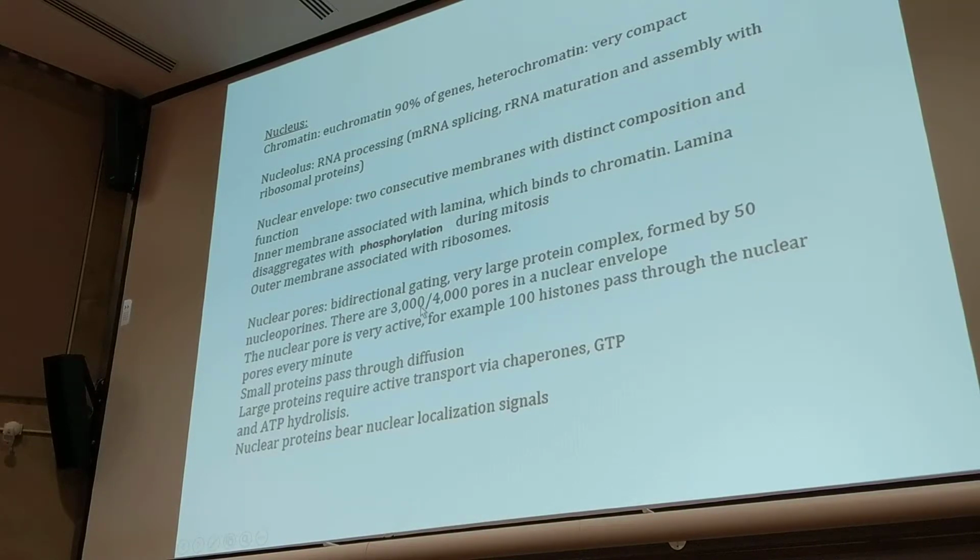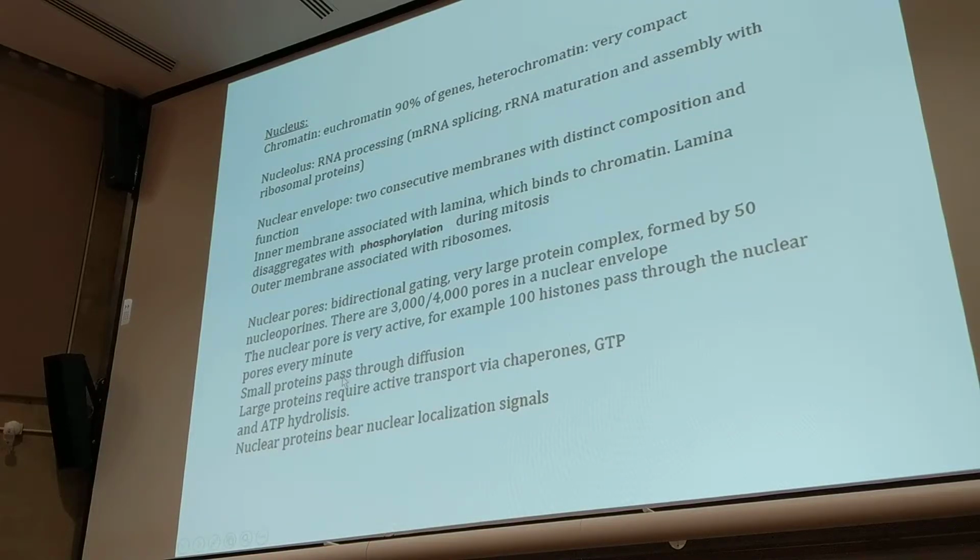There are 3,000 to 4,000 pores in the nuclear envelope. The nuclear pore is very active. For example, 100 histones pass through the nuclear pore every minute.